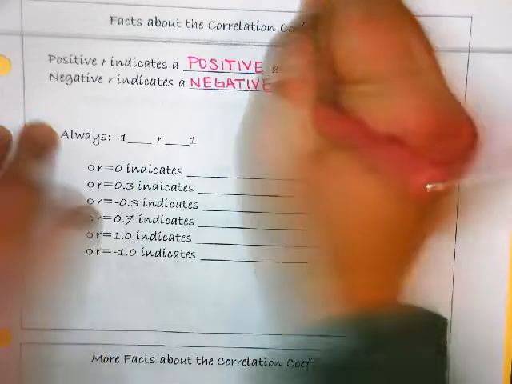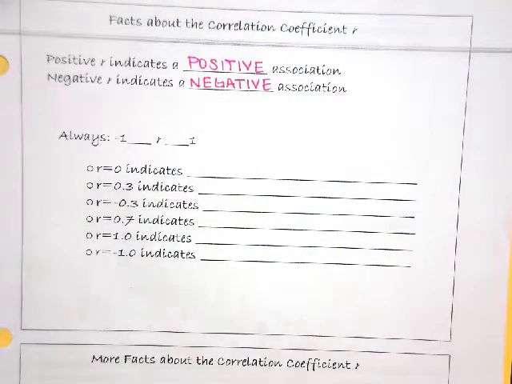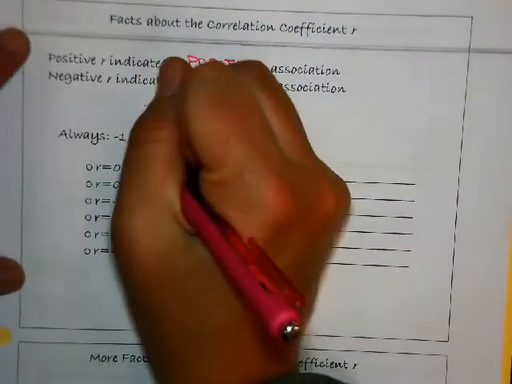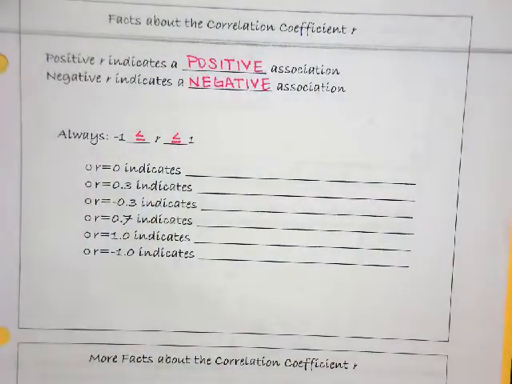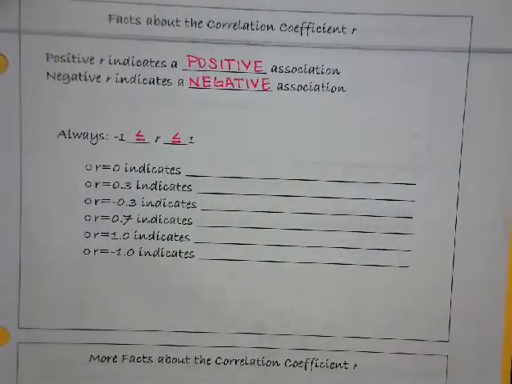The people who write the AP exam will throw questions at you like, what does an R value of 1.5 mean? And it's a trick question because R cannot be greater than 1 or less than -1. Somewhere in there should be an option that that's not an actual correlation value. There are many trick questions about R. I've seen quite a few. You cannot have an R value less than -1 or greater than 1.